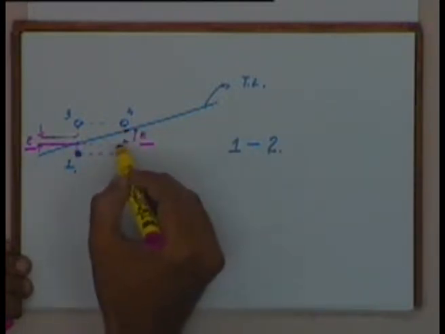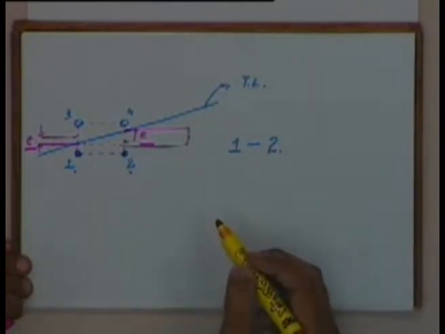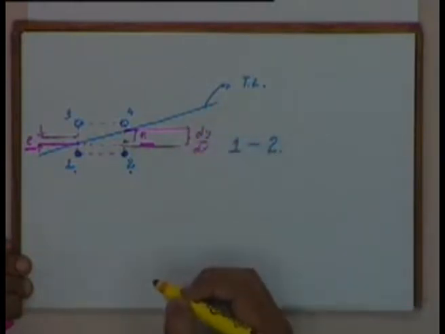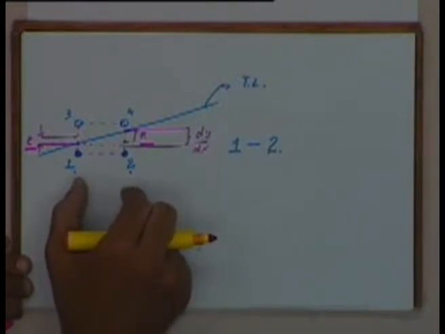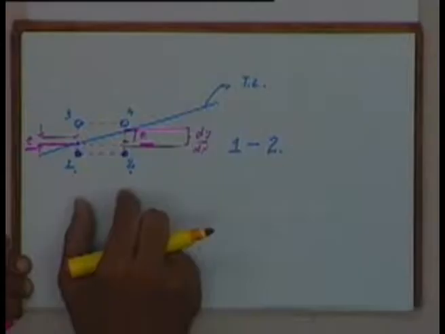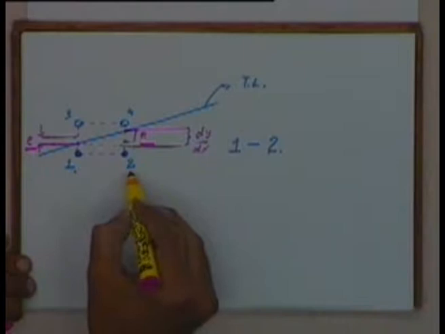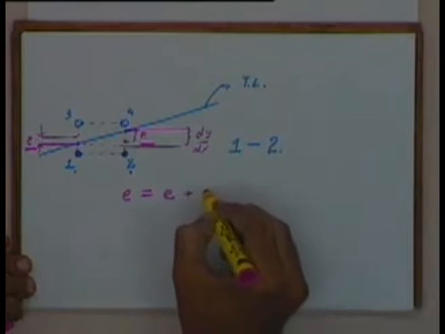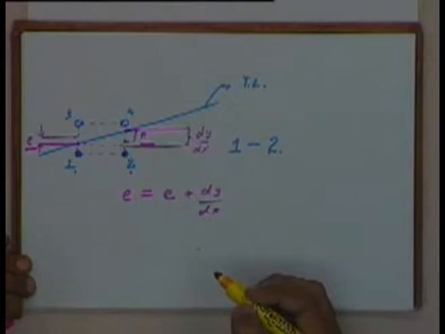Initially the line is here, then the line is here, so the line has moved up by this amount, and this amount would be equal to the slope of the line, slope of the line multiplied by unit pixel distance. Is that okay? So as we move from one pixel to the second pixel, the error term E would change by an amount equal to dy by dx.